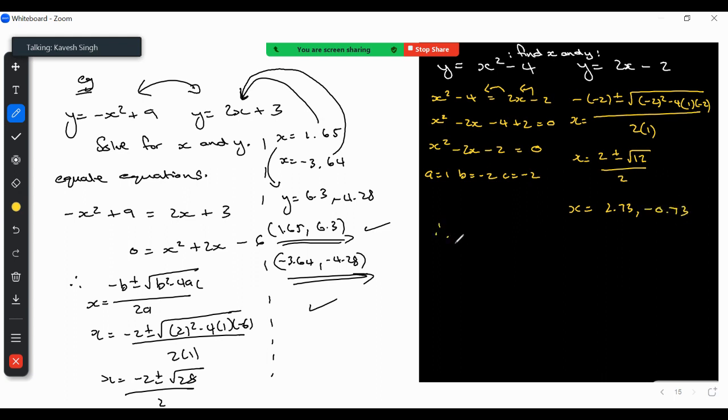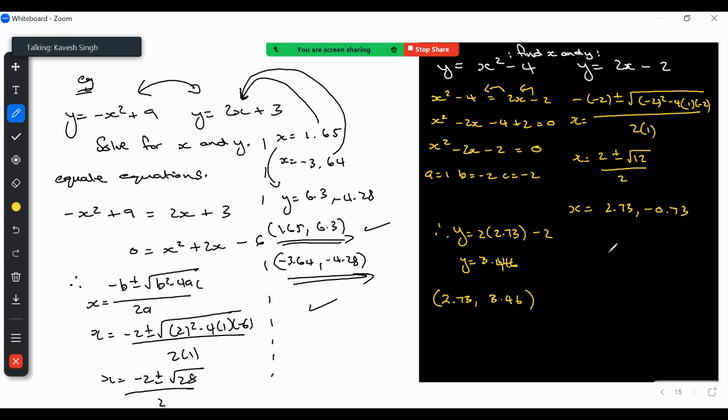And so y will equal 2 times 2.73 minus 2, which is 3.46, getting me my coordinate 2.73 and 3.46.